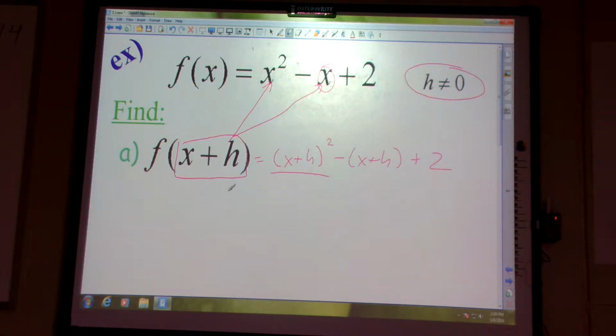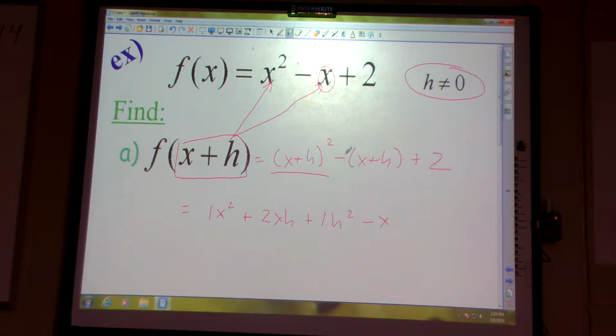Okay, so this I can expand. Now we could FOIL that out, x plus h times x plus h, but hey, didn't we just do the binomial theorem? And I know my coefficients are 1, 2, and 1. So I have x squared, 2xh, h squared, plus... you could, of course, FOIL that out, but I use the binomial theorem.